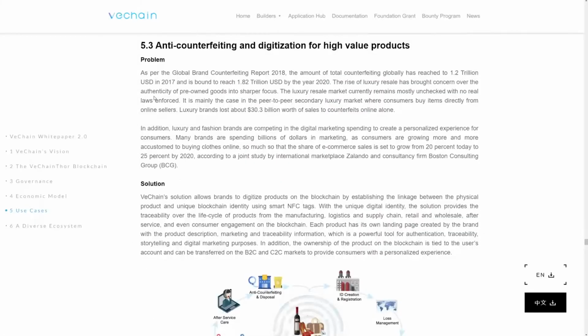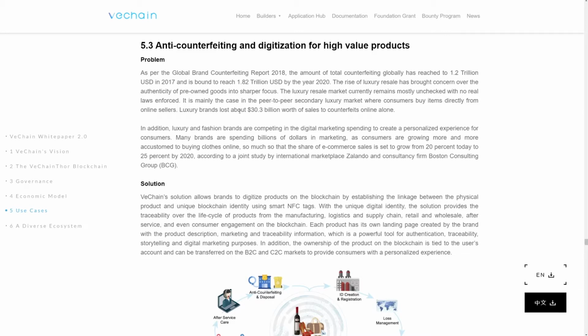Another use case is anti-counterfeits and digitization for high-value products. There was this report in 2018 that the total amount of counterfeiting has reached 1.2 trillion US dollars in 2017, and it should be even more these days, almost 2 trillion, pretty large portion of the market.